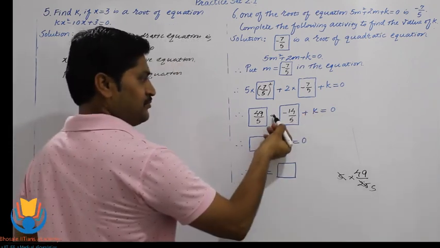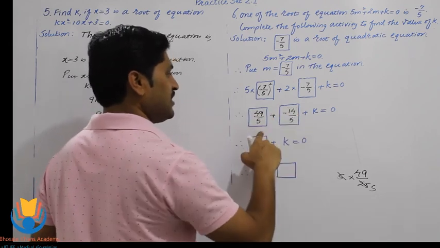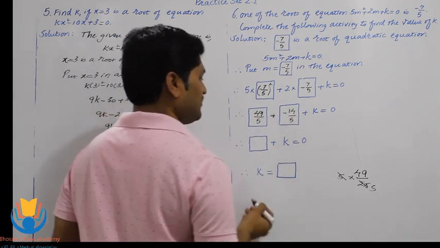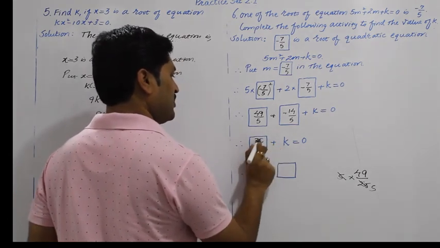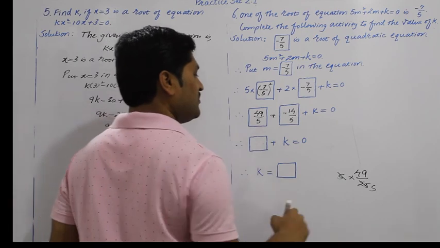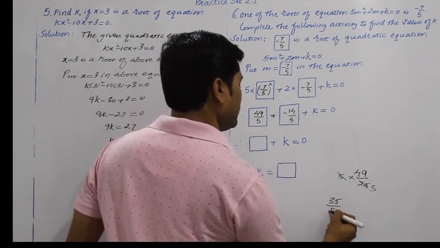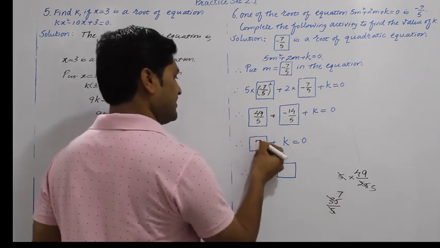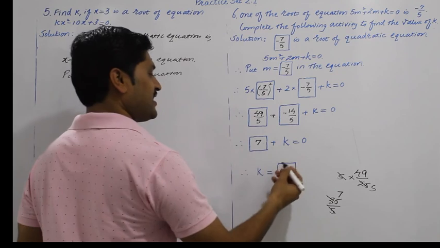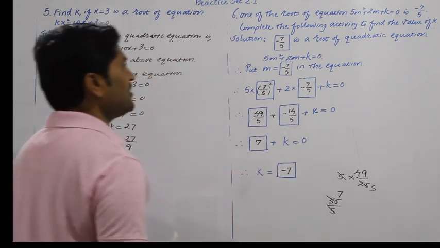So here it is plus into minus, minus, so 49 minus 14 we have to do as their denominators are same. So this is going to be 35 by 5, and we can simplify. So this is 35 by 5, 5 sevens are 35, so this is plus 7, and when this 7 goes to the right hand side that will become minus 7. So this is how we have completed this activity.